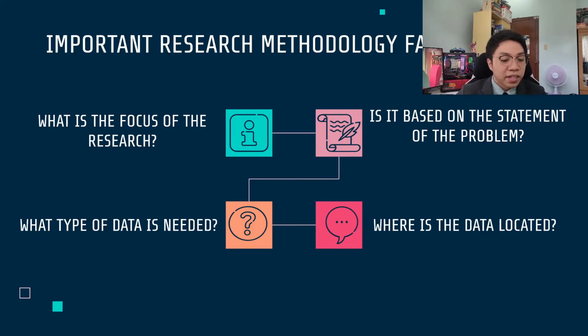And finally, the researcher needs to evaluate where the data is located, because sometimes the data that we may need would be located in another area, another city, or maybe even another country. So it may be important to reassess if the methodology is in fact viable for the research based on the location of the data alone.